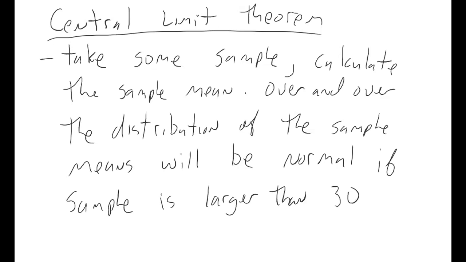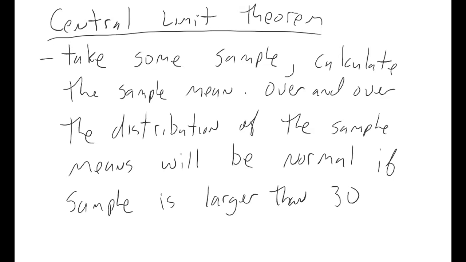So what does that say? If we take a bunch of samples and calculate the sample mean, and then take another bunch of samples and calculate its sample mean, and keep doing this over and over again, and we plot our means, the histogram will look like the normal distribution.